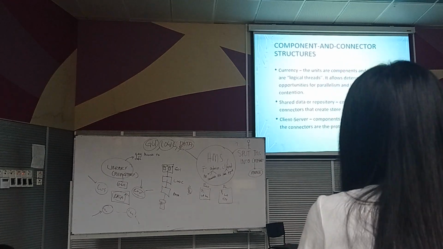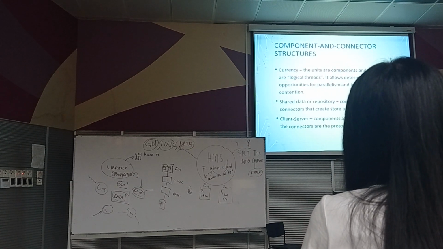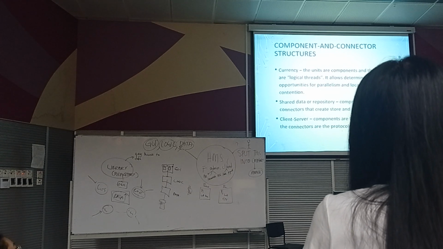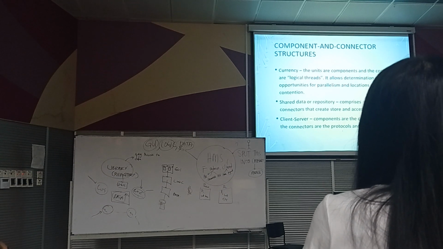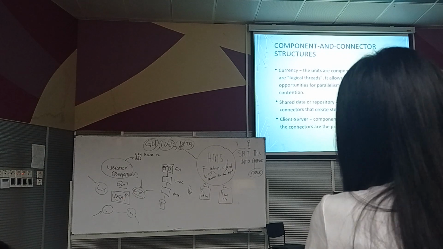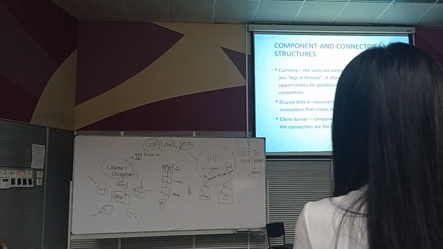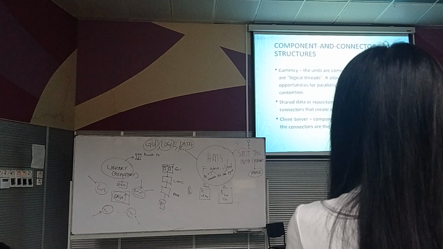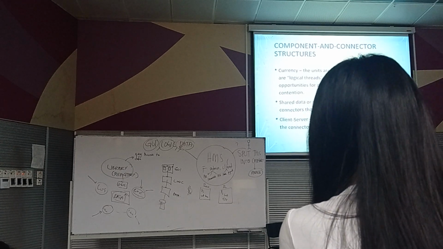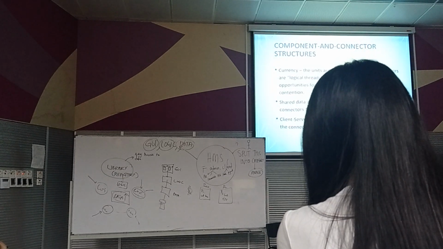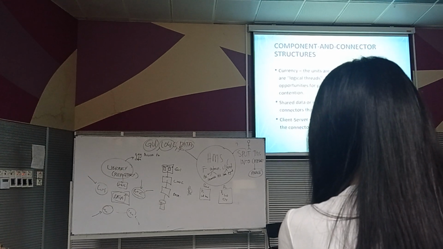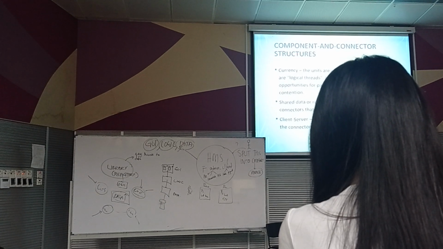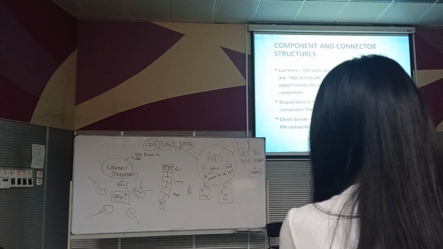So this symbol, the crescent moon and the ball, is called component and connector. This is where this idea comes in. When you create the structure for your architecture, the way you think is: who wants service, who provides service. If that is your mindset, you are using component and connector structure to make it easy to understand.